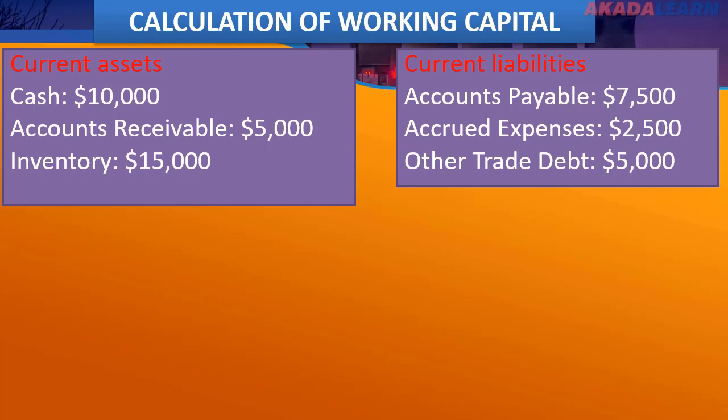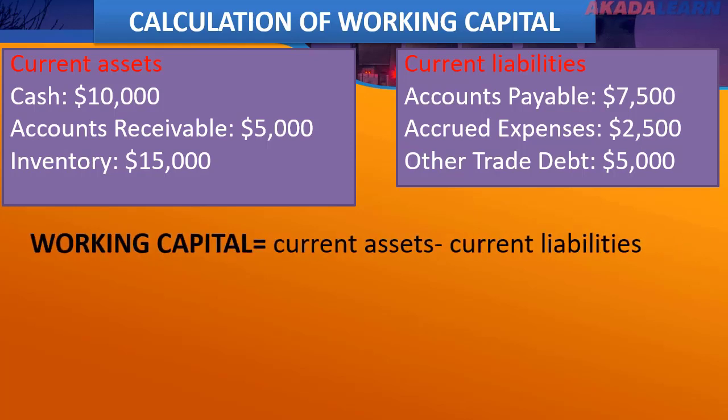To calculate for working capital, the formula is current assets minus current liabilities. That is, the total of current assets minus the total of current liabilities. Now, current assets, that cash is $10,000 plus $5,000, which is current receivables, and $15,000 inventory.